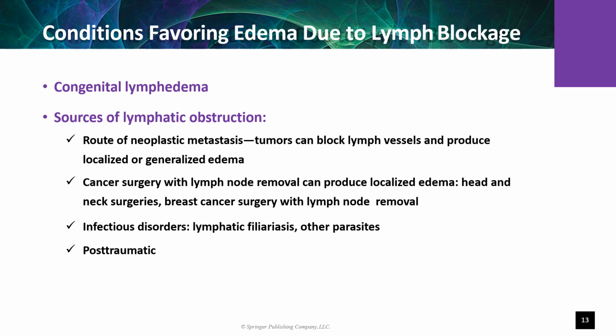Several parasites are also known to impair lymph flow. The most common recognized is Wuchereria bancrofti. This causes lymphatic filariasis, often referred to as elephantiasis.